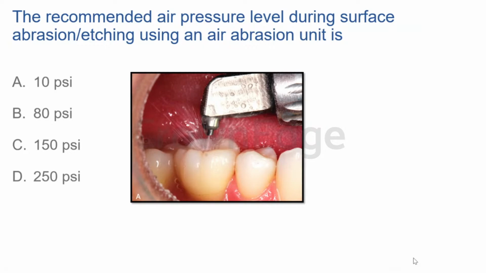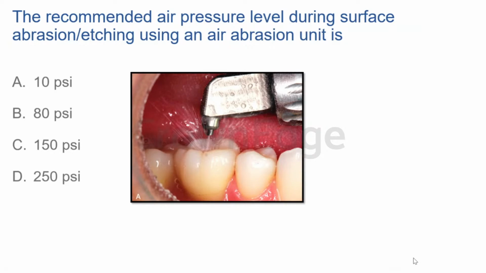Can someone guess and tell me what is the pressure which is required? Is it 10 psi, that is pounds per square inch, or is it 80 psi, 150 psi, or 250 psi?